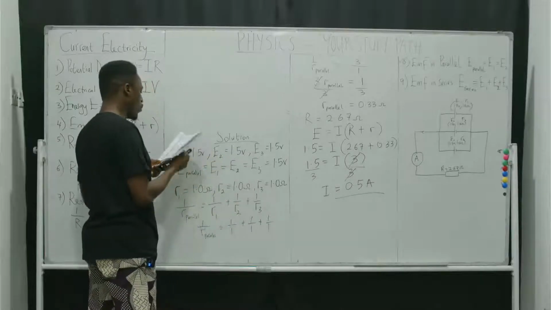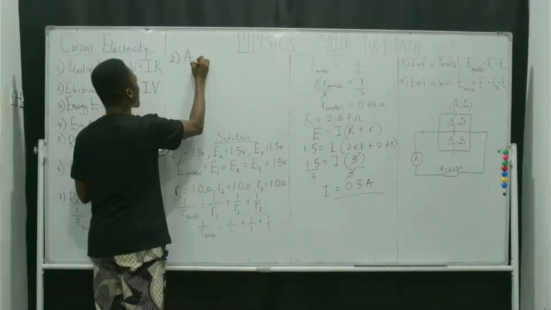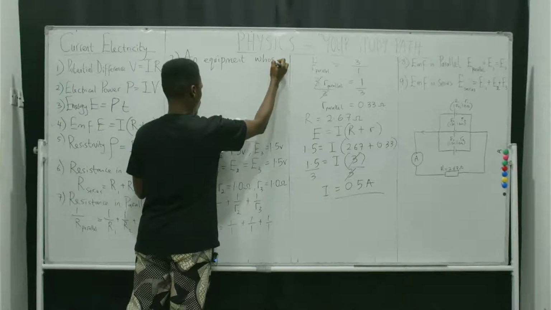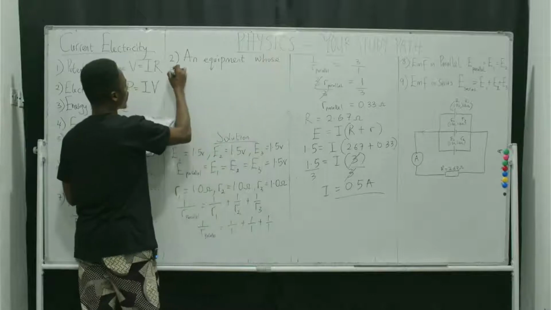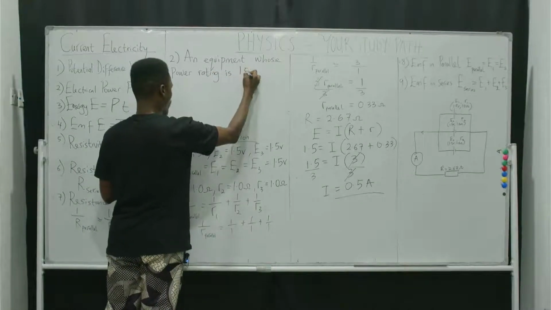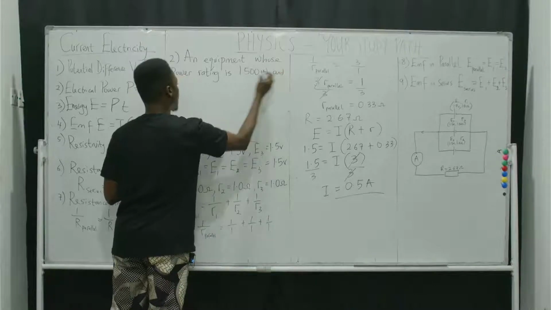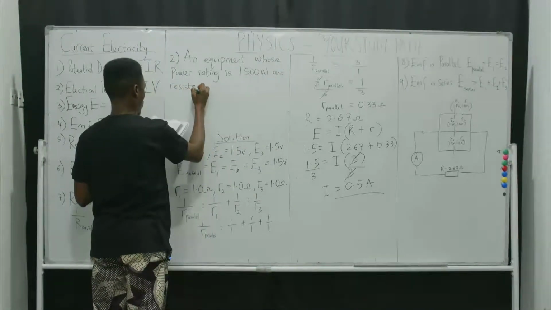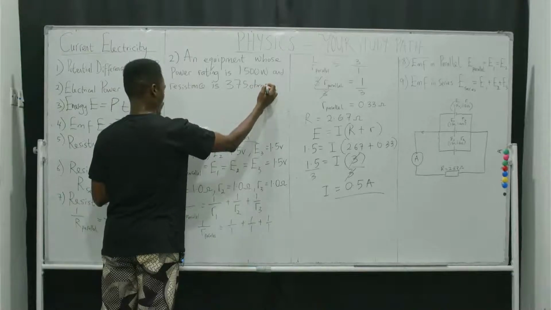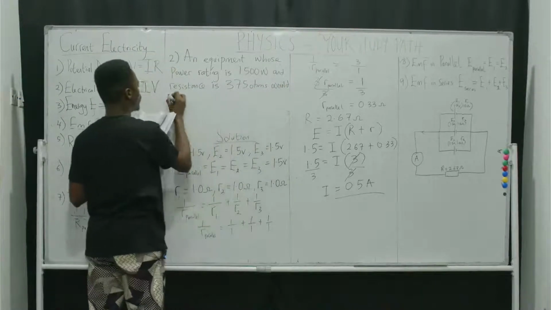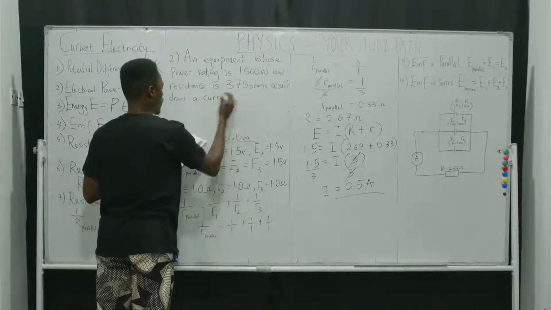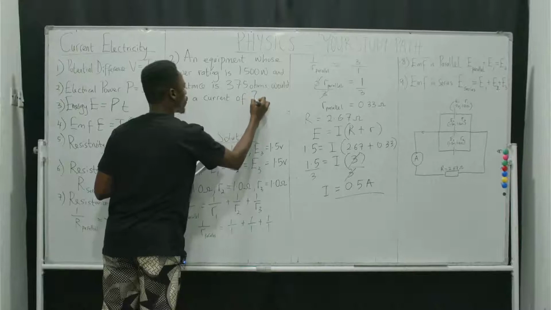Here it is. Question 2: an equipment whose power rating is 1500 watts and resistance is 375 ohms would draw a current of what?